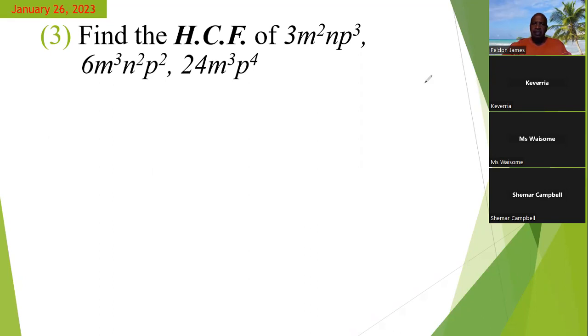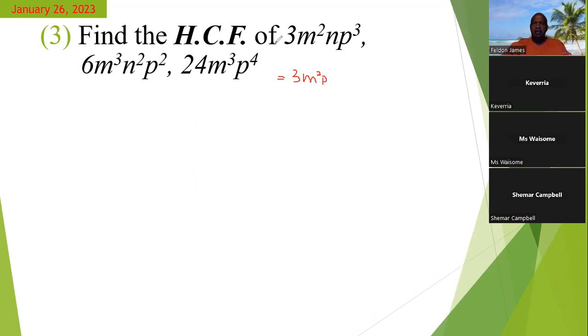So your HCF here is 3m squared p squared. Let us check that to see if you're on the right track.